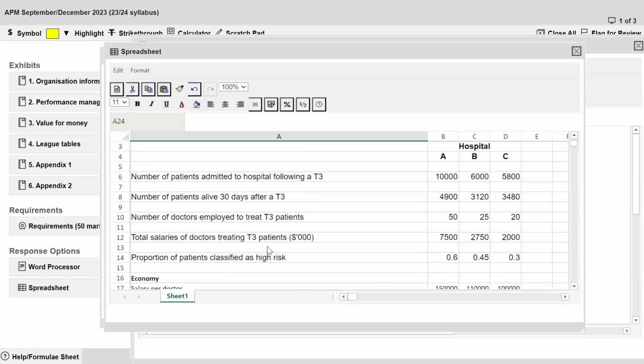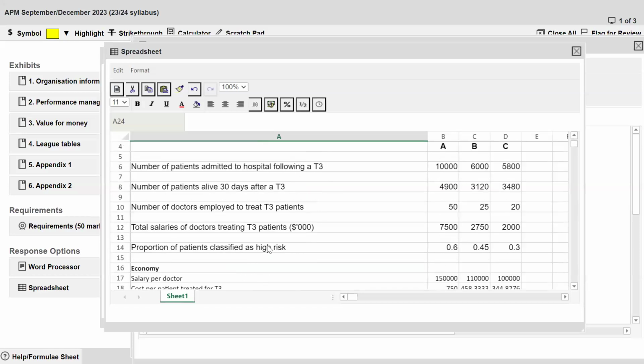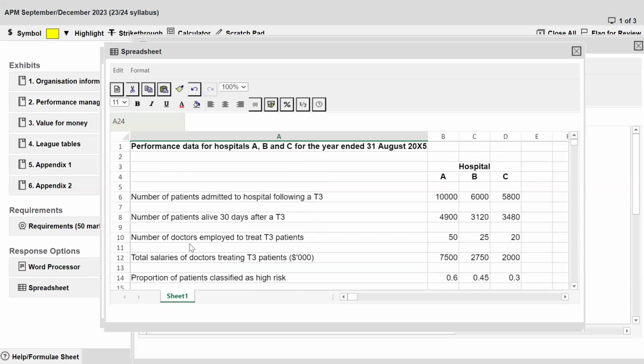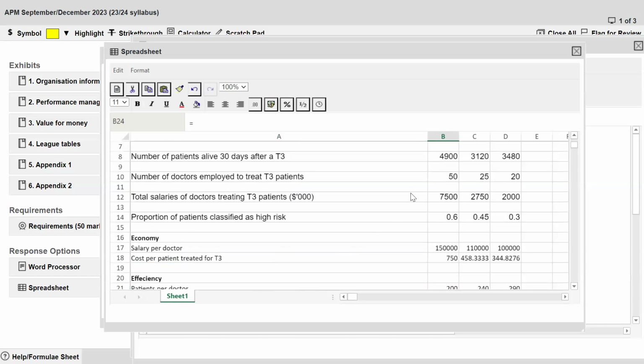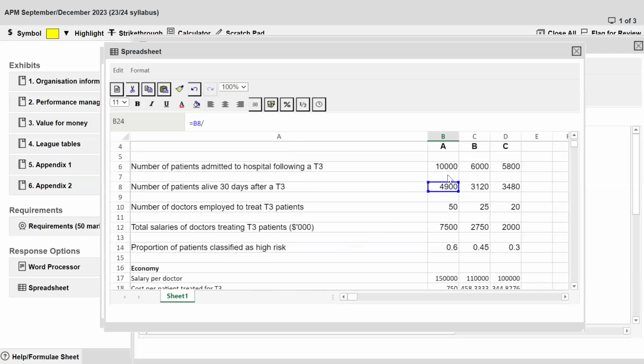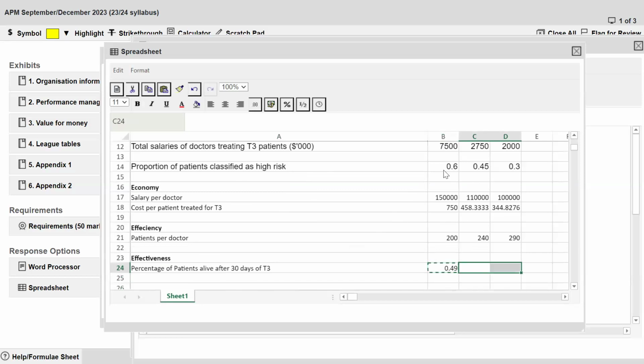The effectiveness is basically going to be... so you've got economy, efficiency, and effectiveness.